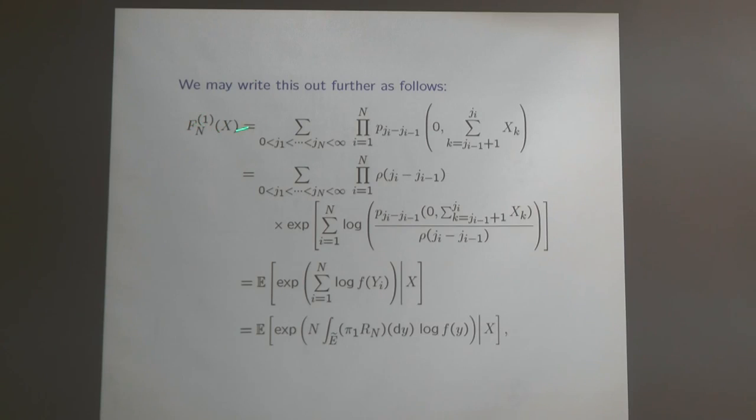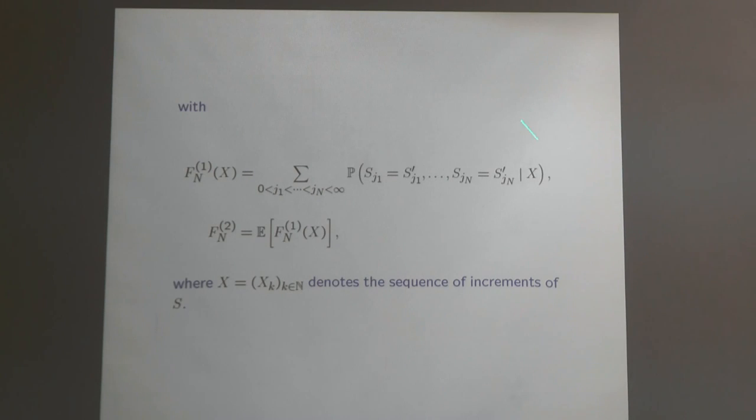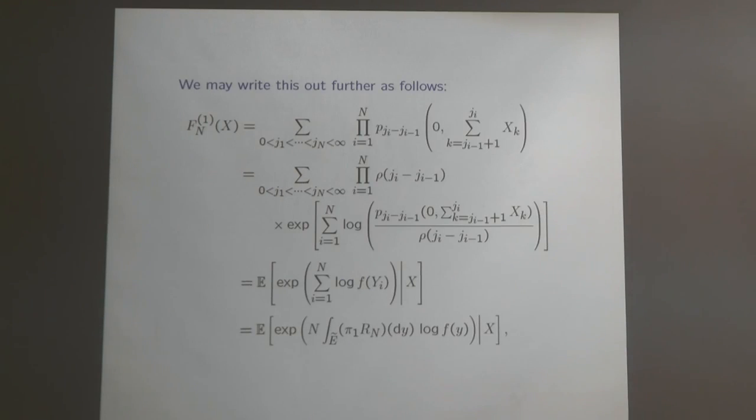So we've come a long way. It looked a little bit complicated, but this object that is the key that we need to understand can be written in terms of an exponential, and this exponential is the expectation over the random walk s prime, because the random walk s is fixed, and if we fix s or its increments, that's the same thing, and I'm supposed to take an expectation over some function with respect to this empirical process.